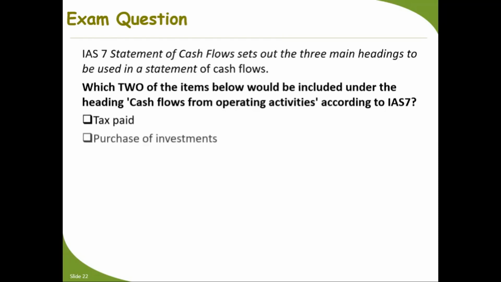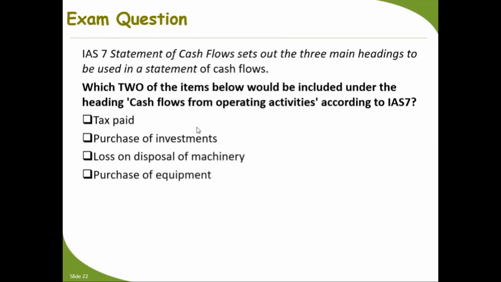Tax paid, purchases of investment, loss on disposal of machinery, and purchase of equipment. Yes, first one, tax paid, we subtracted from cash generated from operation, and loss on disposal we added back under the calculation of cash generated from operation.